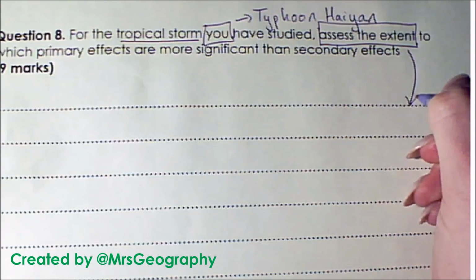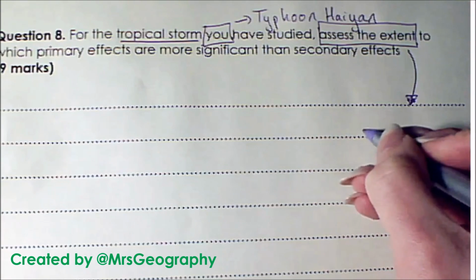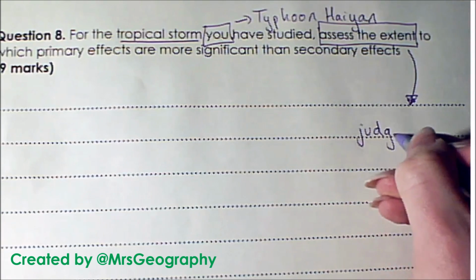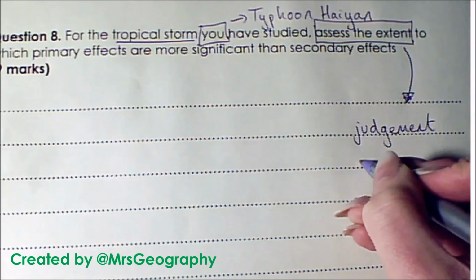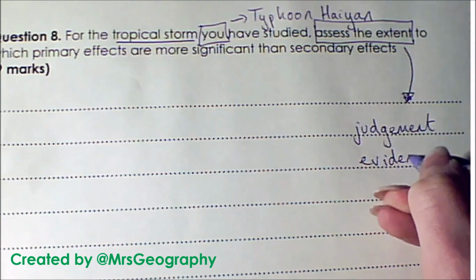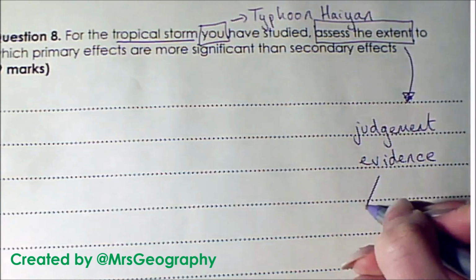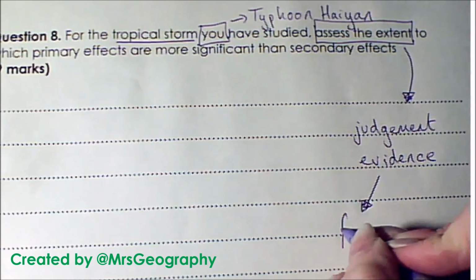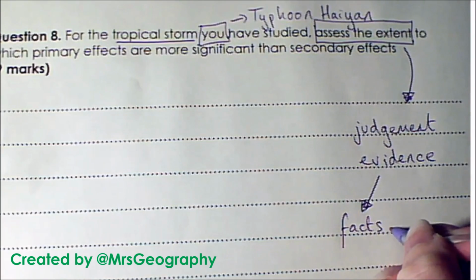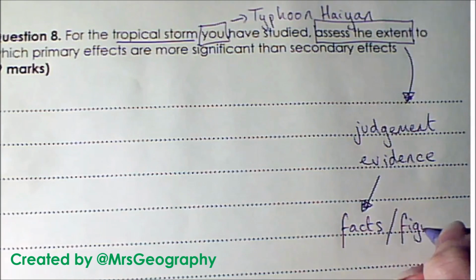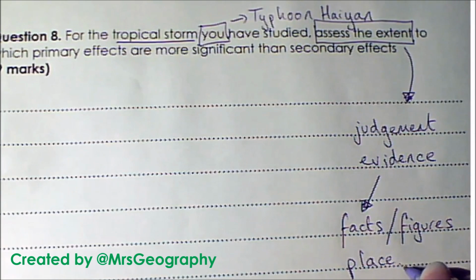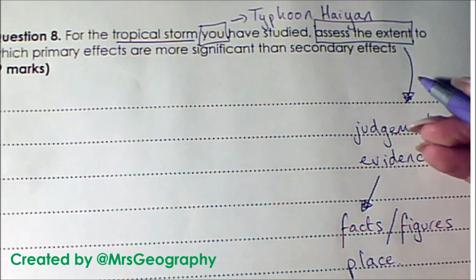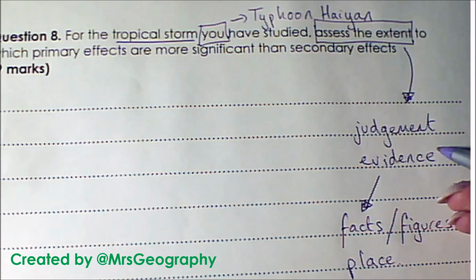So we know that assess and the extent means to make a judgment. But not only do we need to make a judgment, we need to provide evidence. Now, we know as geographers, to provide evidence, we include things like facts, figures, as well as place examples. That is the best way to show that you're providing evidence.